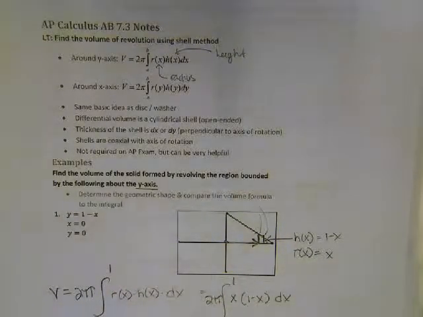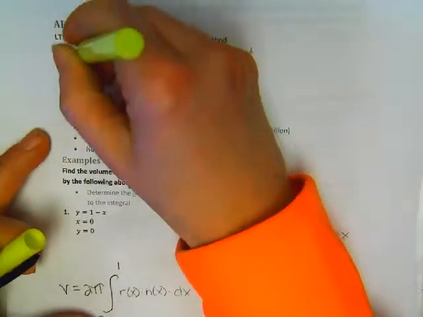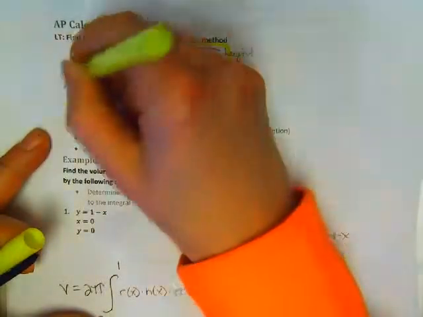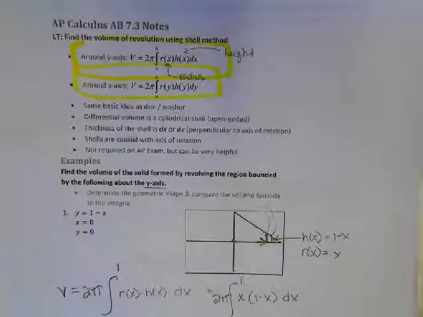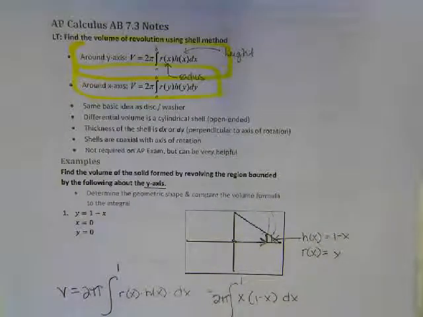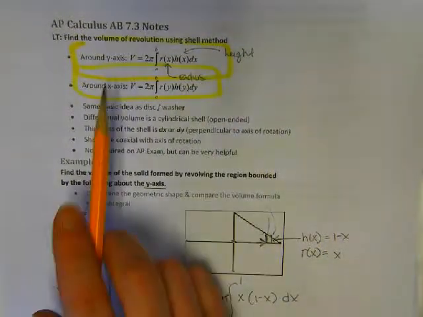So the things that you need to know are the shell formula, and to be honest with you, at this point we're just focusing on AB. BC would be a different story. Shells is not an AP topic. However, the advantage of shells is when you're rotating around the y-axis.